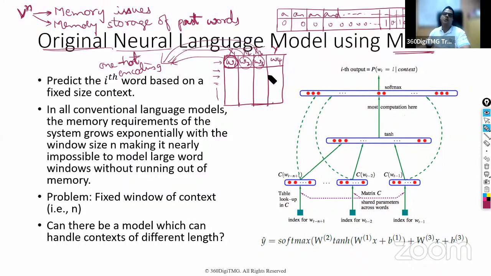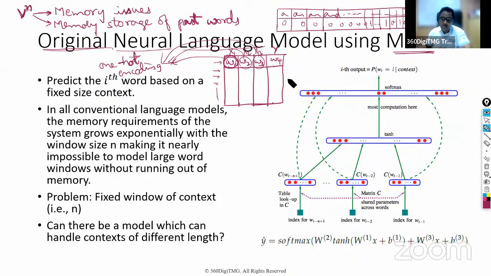Same is the case with the language also. Wherever you have language, put a one. In the rest of the places, put zero. And then if the fourth word is model, that is something that has to be predicted. But of course, that also should be converted into one-hot encoding.